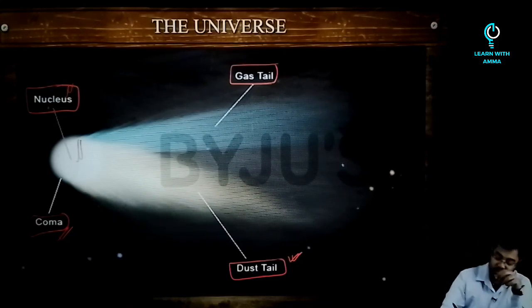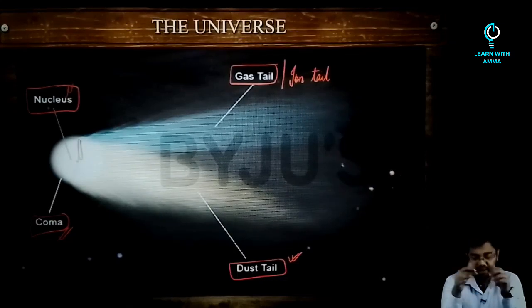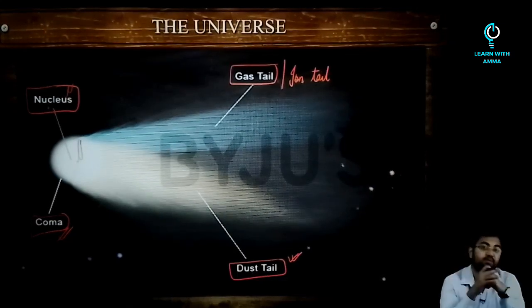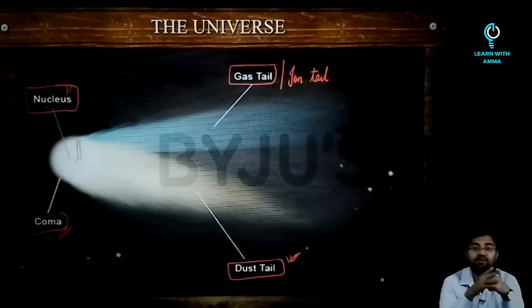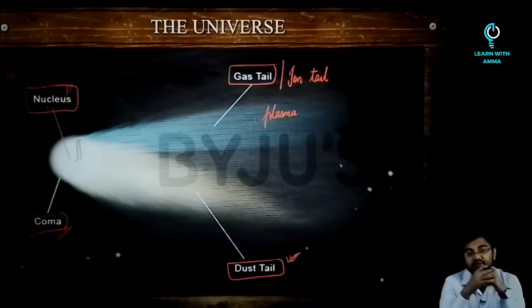Apart from that, you have the gas tail, also called the ion tail. The gas tail can be several hundred thousand or even million kilometers long and is composed of plasma and is laced with rays and streamers that are caused by interactions with the solar wind.